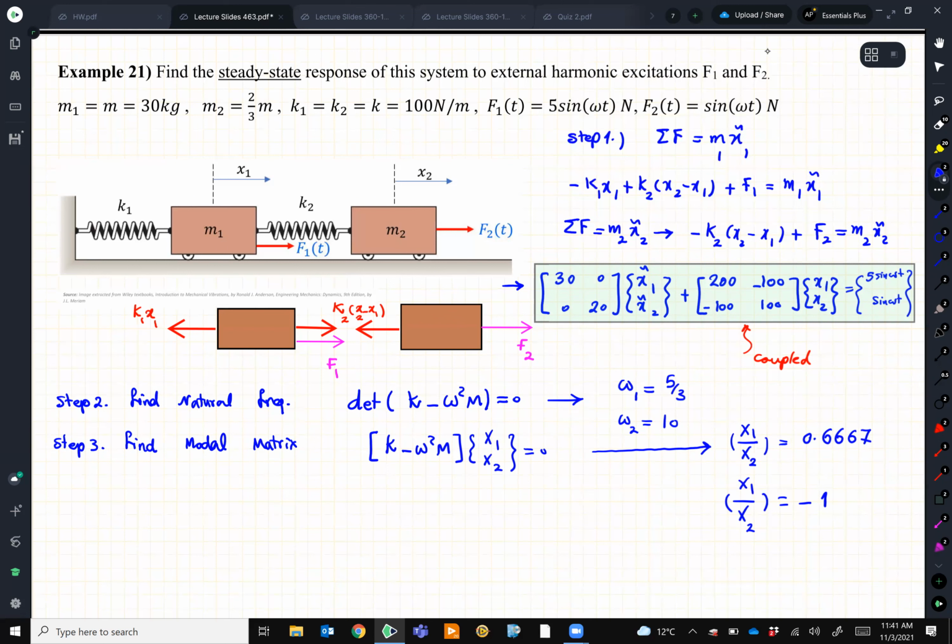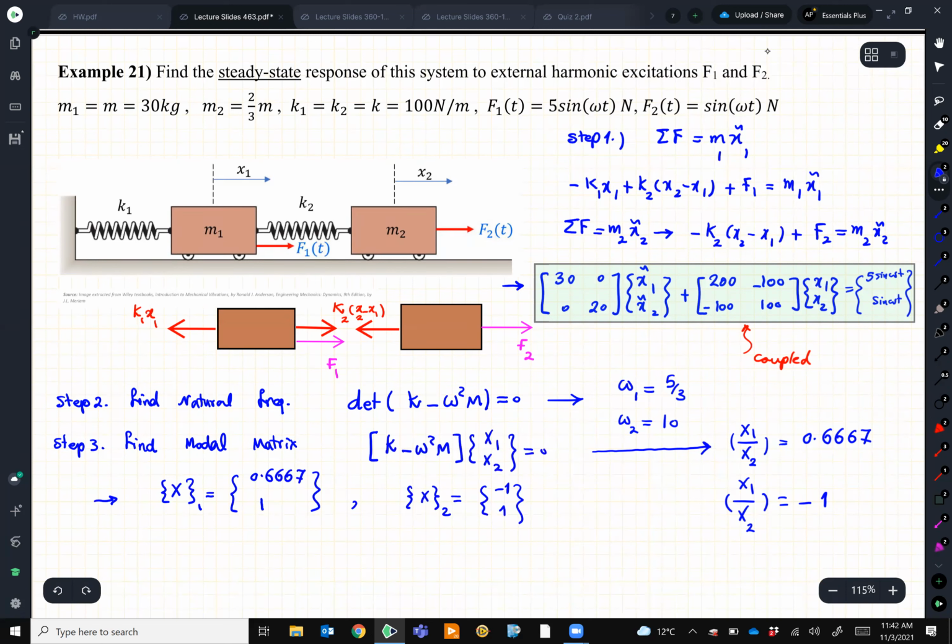When we have the ratio, we decided to set the last one to 1. So the first mode will be 0.6667 and 1, and the second mode will be 1 and minus 1.